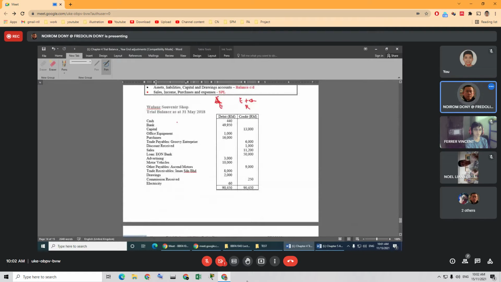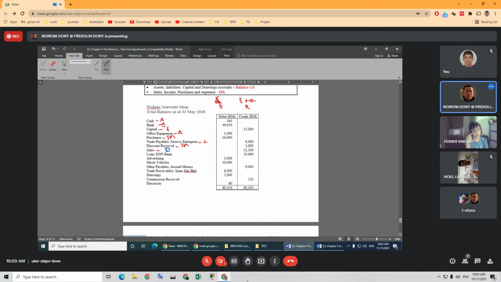Then from this trial balance, we use this to record in the appropriate financial statement. So bank is an asset, capital is equity, office equipment is an asset, purchases are expenses, so into SPL. Trade payable is a liability, SOFP. Discount received is income, SPL.